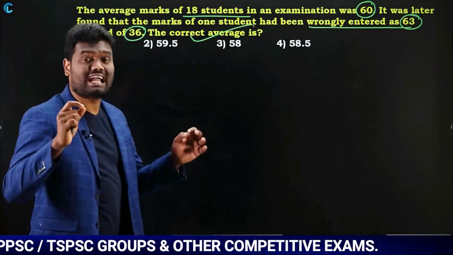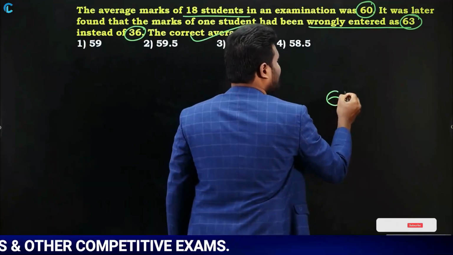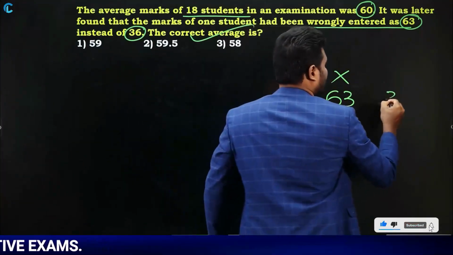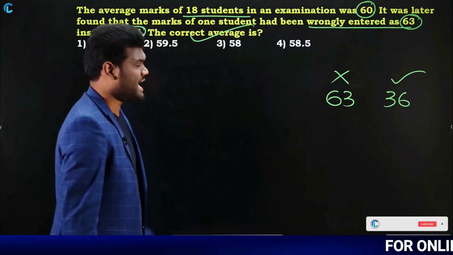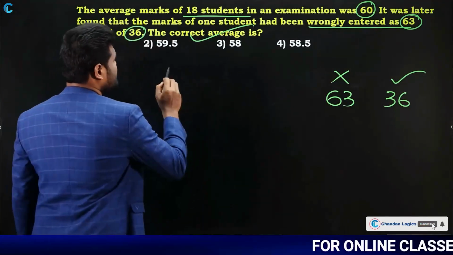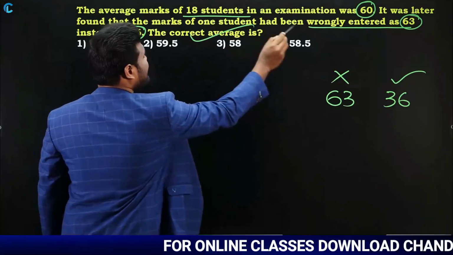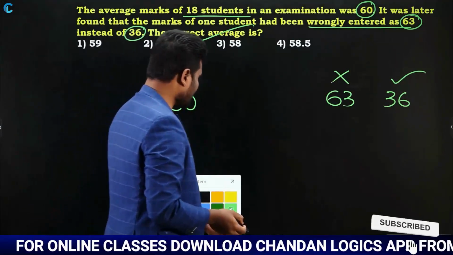So we are asked to find the correct average. Look here, wrongly entered as 63 instead of 36, which means the correct value is 36, but it was wrongly entered as 63. Now your question is to find the correct average for these 18 students. The given average of 18 students is 60, but we are supposed to find the correct average.